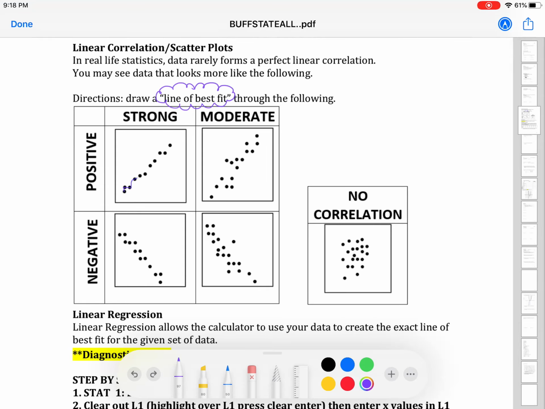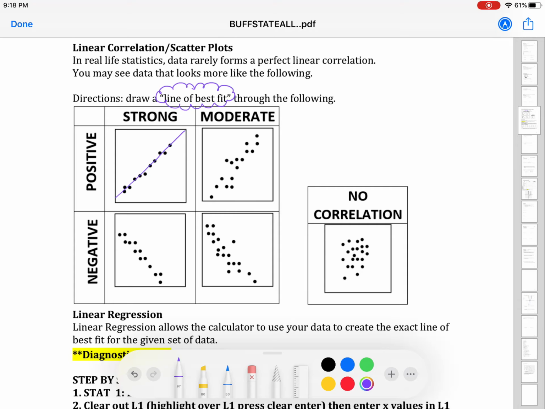If I were to draw in my line, first of all, just to go over something very quickly, we're not connecting the dots for these. That's not a line. You never, ever want to connect the dots with a scatter plot. What we're going to do is draw this line of best fit, which means you just want to try and hit as many points as you can with your line. So that's my best estimation here of the line of best fit.